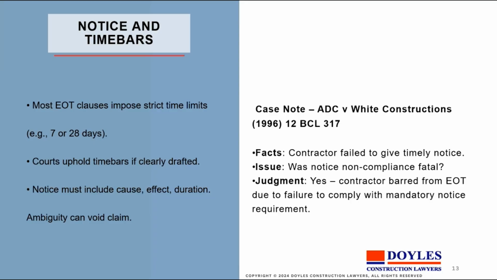The case here of ADC and White Constructions, the contractor failed to give timely notice. Was non-compliance fatal? Yes, it was. The contractor was barred from EOT due to failure to comply with mandatory notice requirements. And again, it's important when you're negotiating contracts to make sure that you have organised practical time limits.